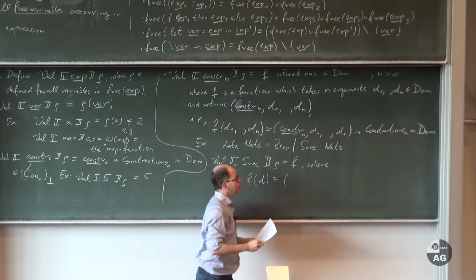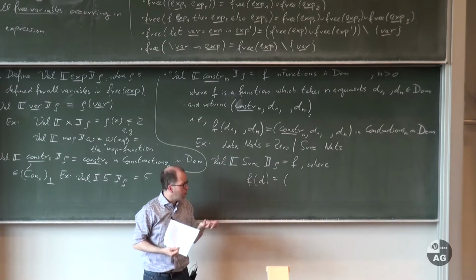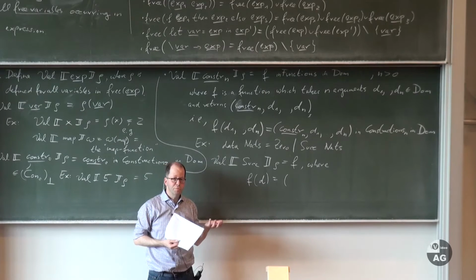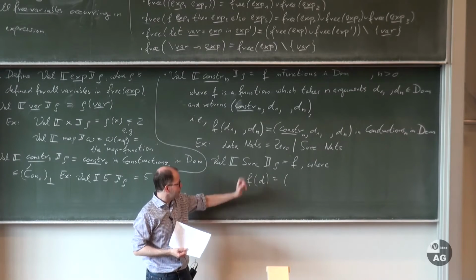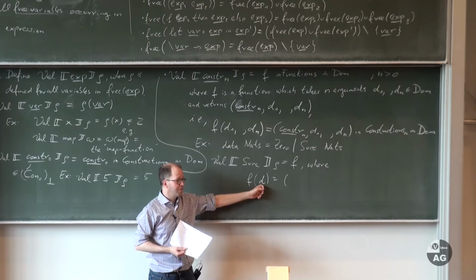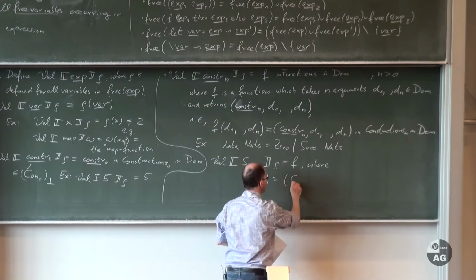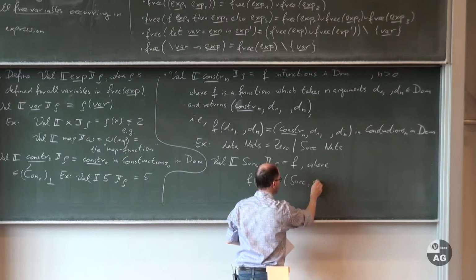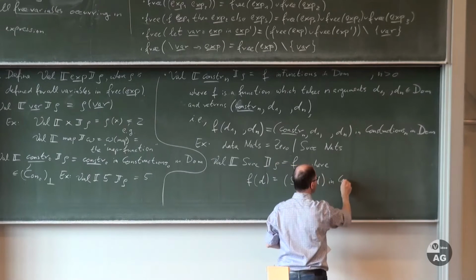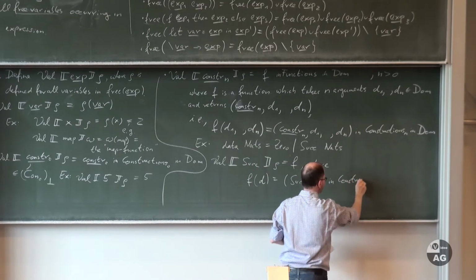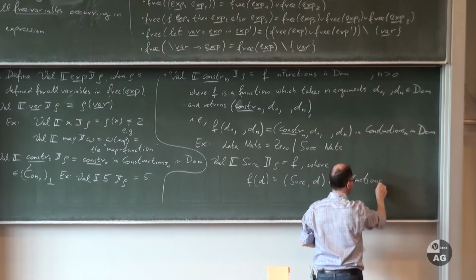The result will be the object that corresponds to the term that starts with Suc, and the argument has the value d. So the result will be Suc, comma d in constructions 1 in DOM.